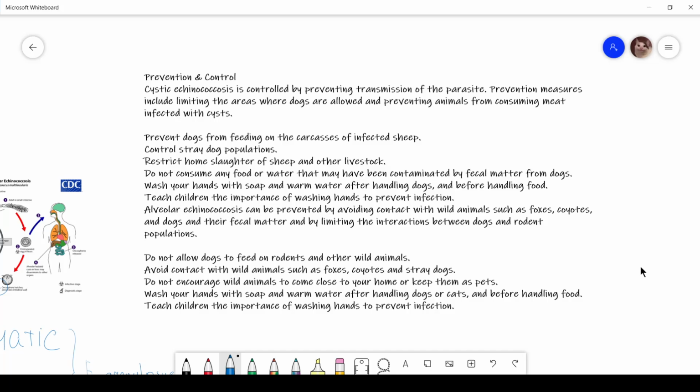Most important is to teach children the importance of washing hands to prevent infection in both cases. It doesn't matter which worm, infectious stages are similar. Okay, and that is all, students.